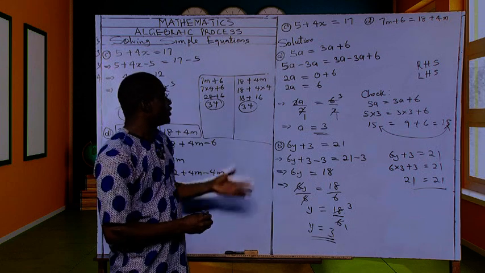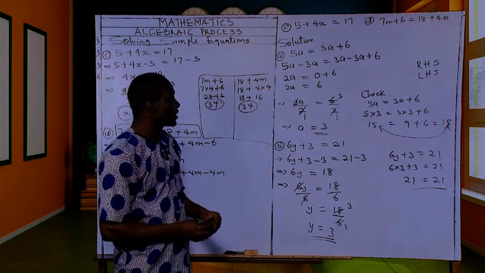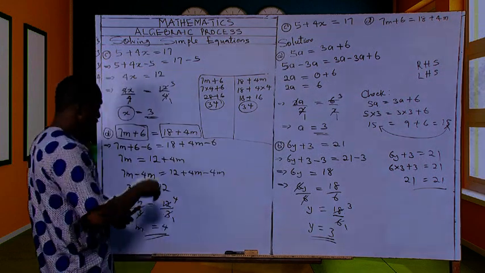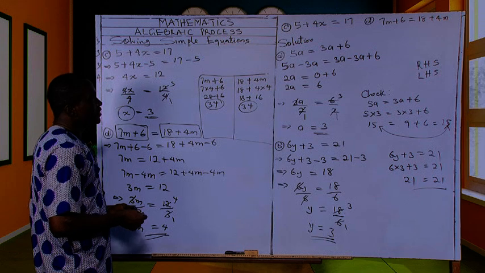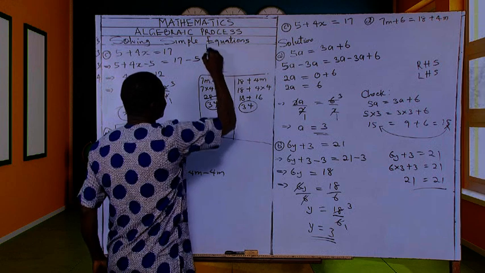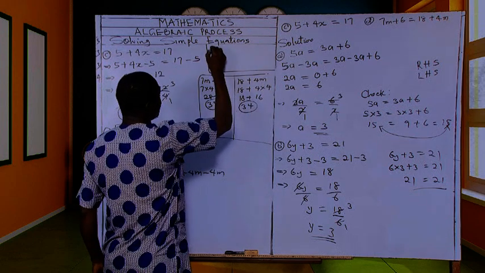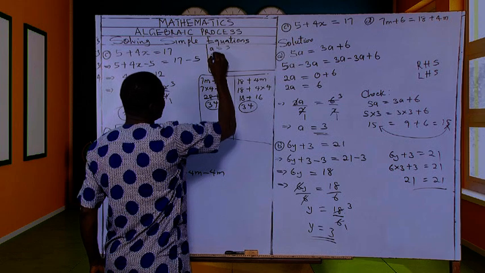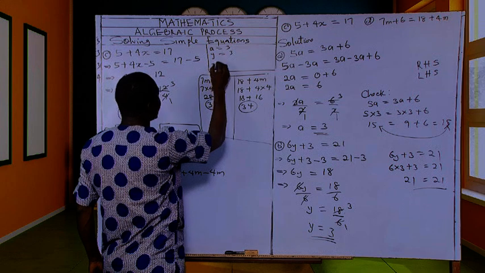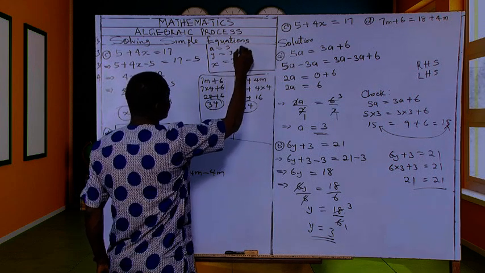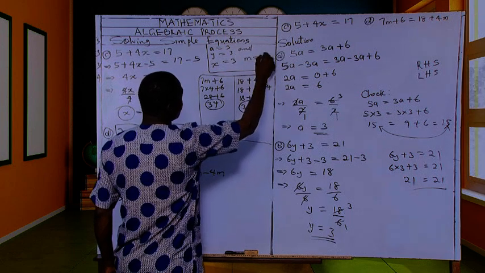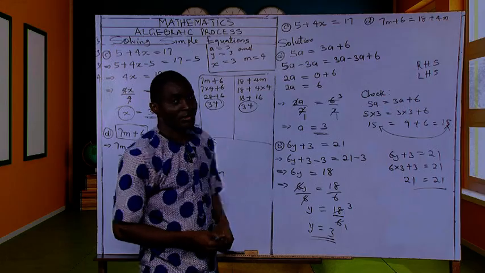So we need to rub off this side so that we can solve the questions again using the other method. We have A equals 3, Y equals 3, X equals 3, and M equals 4. That is that. Stay tuned.